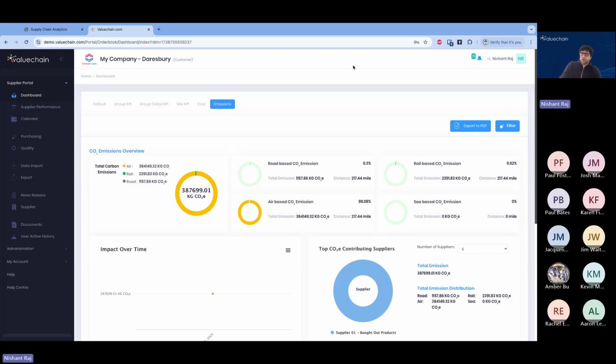Now, when we were looking at this topic specifically, one of the things that keeps coming up a lot of times is, we don't think the suppliers will share data with us. How much is the dependence on that? How can we actually accurately forecast it?